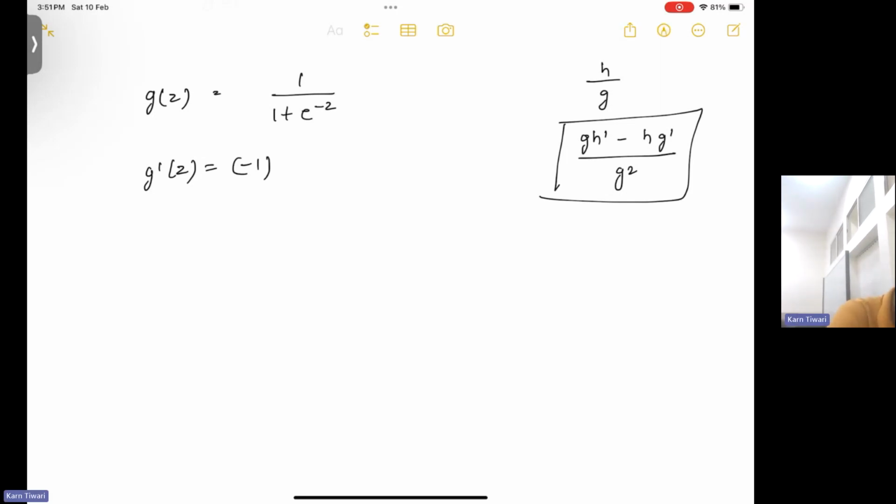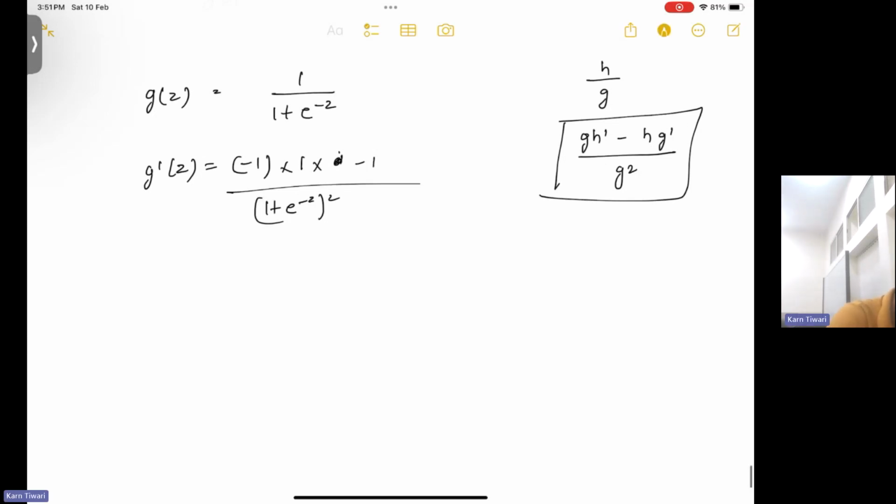And h is just 1. For g prime, we need the gradient of 1 plus e to the power minus z, divided by 1 plus e to the power minus z whole square. The gradient of 1 plus e to the power minus z with respect to z is simply minus e to the power minus z.